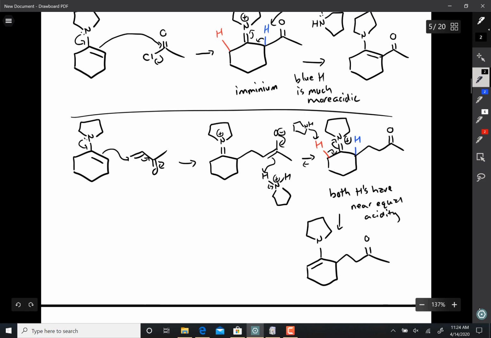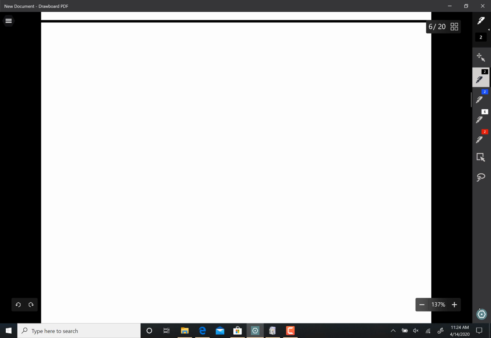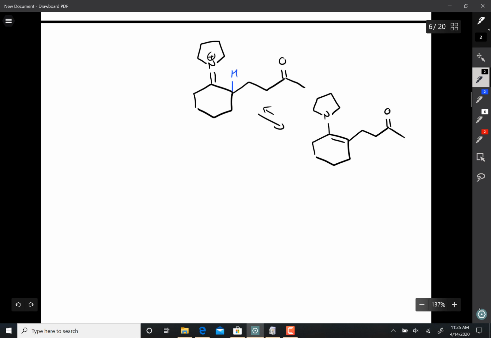Of that. The reason why. Well, so if we take the blue hydrogen off, we get this compound.